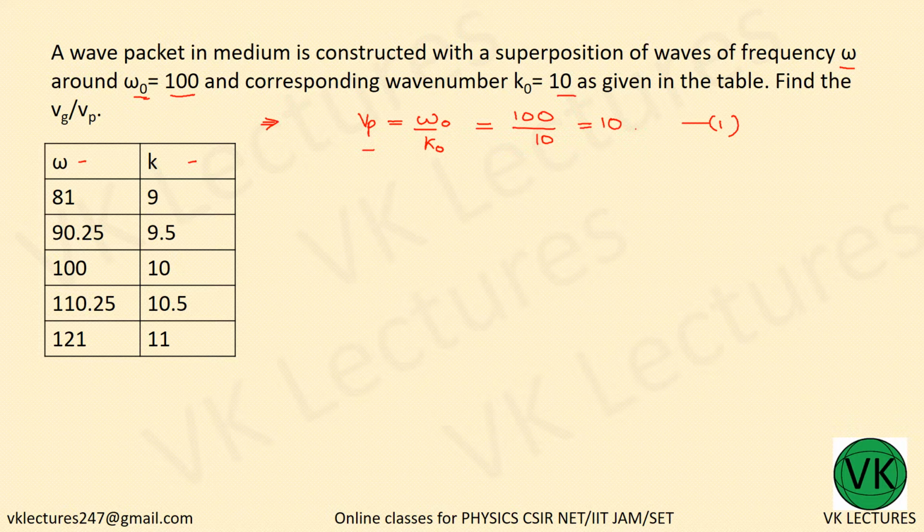Now what is Vg? Vg is equal to d omega by dk. Now how will you find this d omega by dk? We can write it as delta omega by delta k, where delta represents a small change in omega.